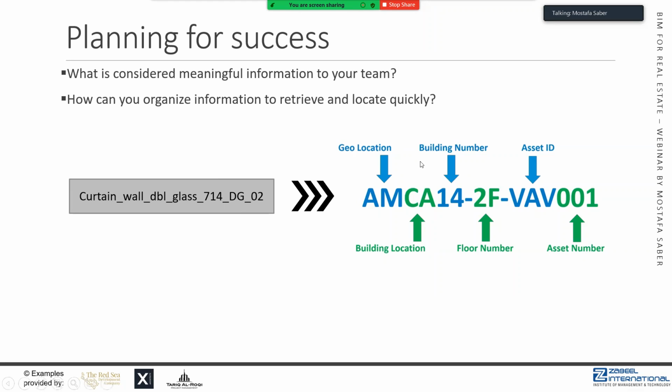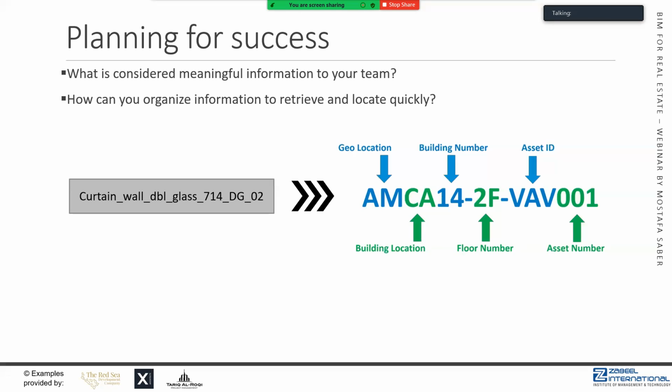This is an example of how you could use this naming system. You could use the first two letters, for example, for geolocation to locate which city this building is in, and then which building location in which exact town it is. And then in this example, it's AM for America and then CA for California. And building number.